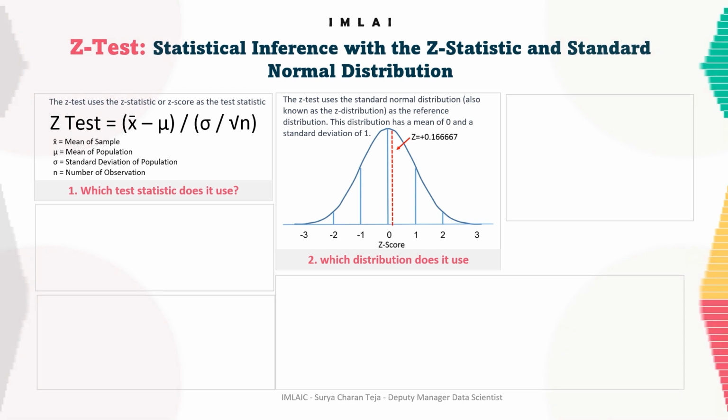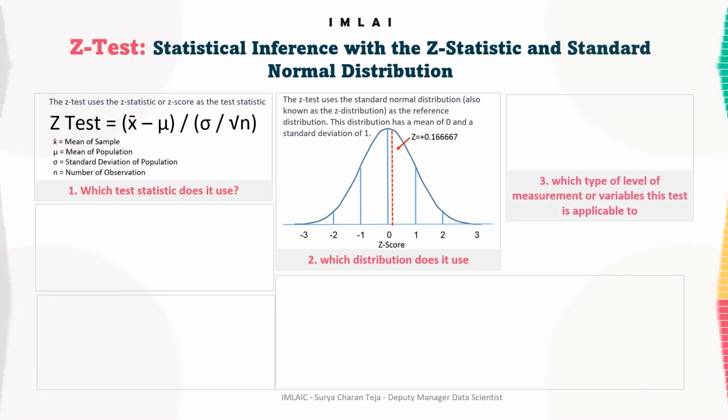The third question is, for which type of level of measurement or variables is this test applicable? This is also very important. The z test is applicable when dealing with continuous variables and when the population standard deviation is known. It is often used when the sample size is large, typically n greater than 30.